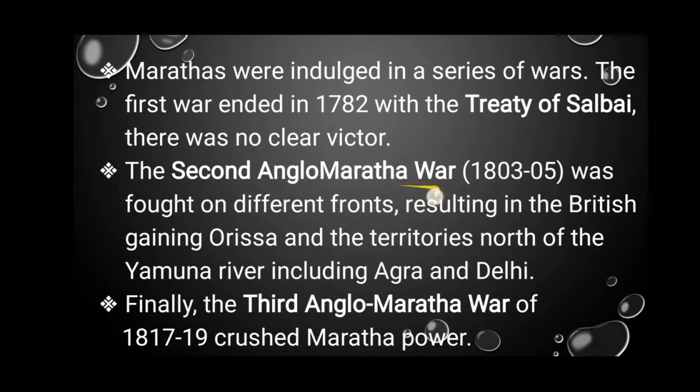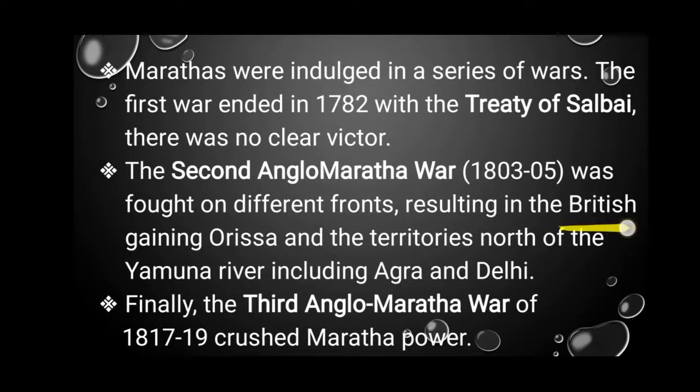And after that, the Second Anglo-Maratha War. What is the second war, children? The Second Anglo-Maratha War happened between 1803 and 1805, and it was fought on different fronts. After that war, what happened?